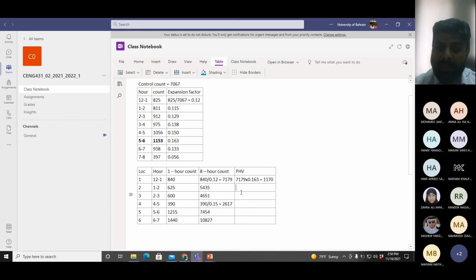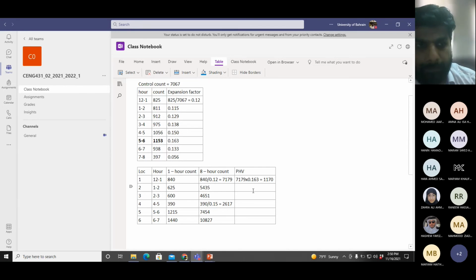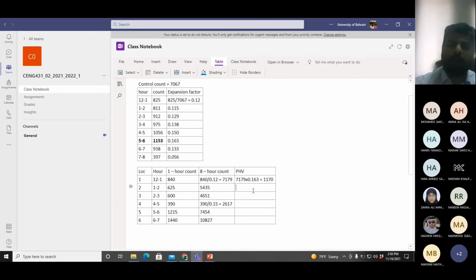The peak hour for all locations is the same, 5 to 6 p.m. So the factor will always be for this hour, so 0.163, but just change the total volume for this location. So give me the value now. For every location, just take the total from the column beside it and then multiply with 0.163.